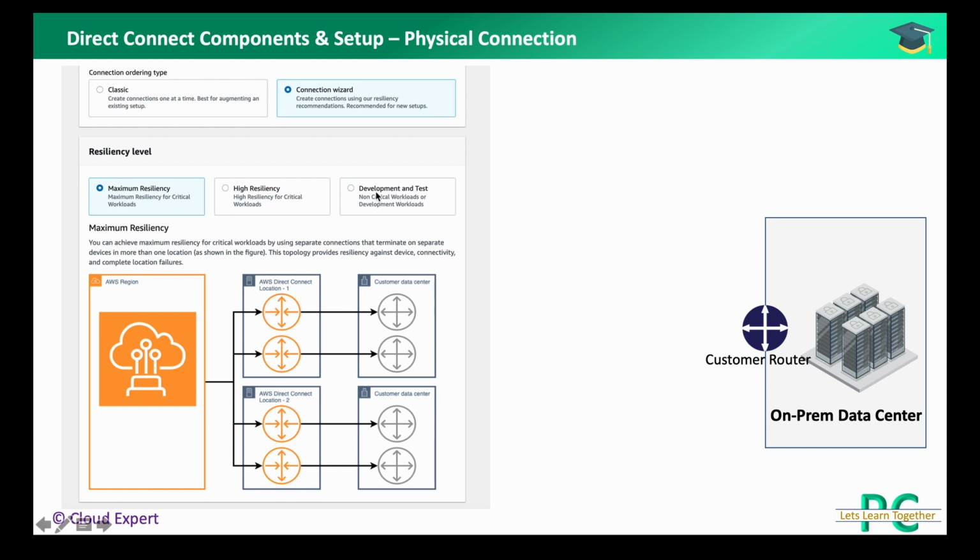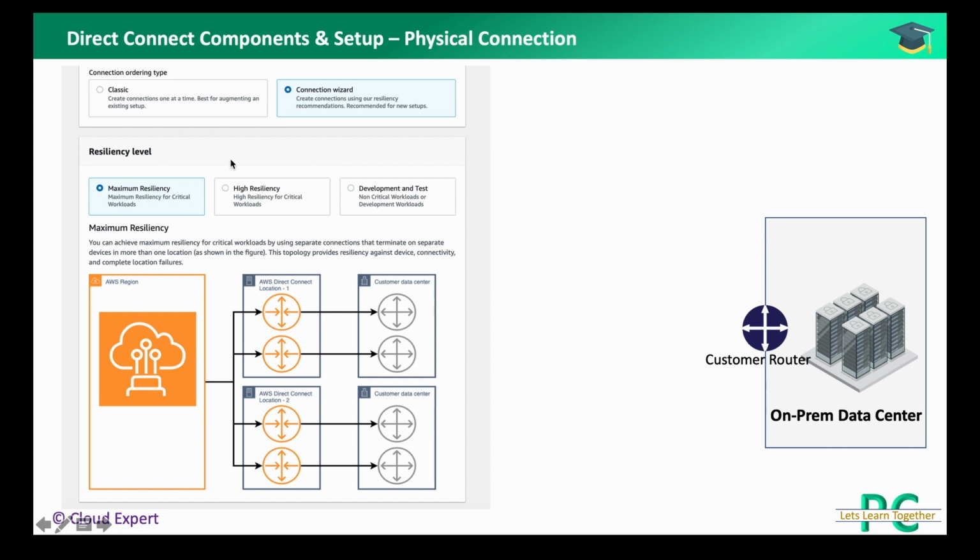Obviously, if you have a non-critical workload, you will go for a development and test setup where you will have less resiliency support. That means the connection may have a fault or may not be resilient across all types of faults, right? But there are options to set up for maximum resiliency.